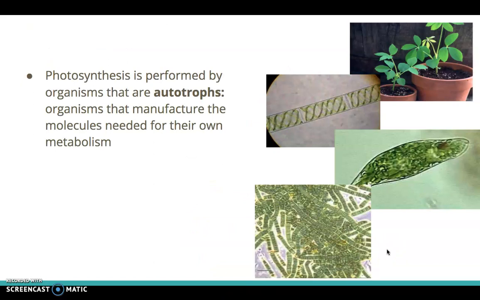So photosynthesis is performed by organisms that are autotrophs, which are organisms that manufacture the molecules needed for their own metabolism. So essentially, these types of organisms are able to convert energy from the sun into chemical energy in the form of glucose. One of the common misconceptions is that photosynthesis happens in plants and no cellular respiration takes place. This is not true.